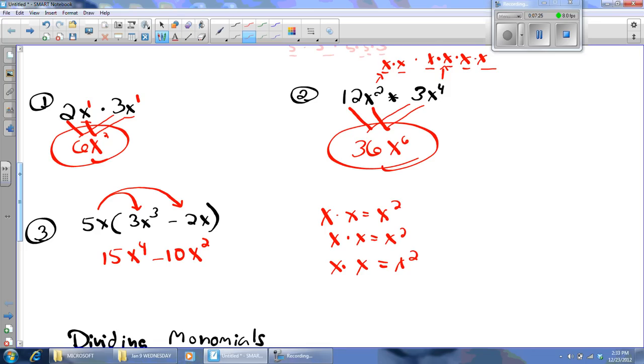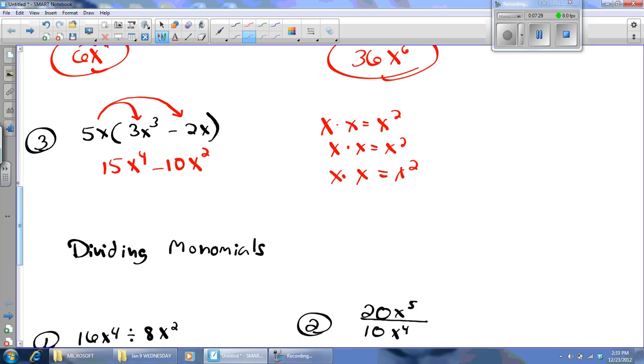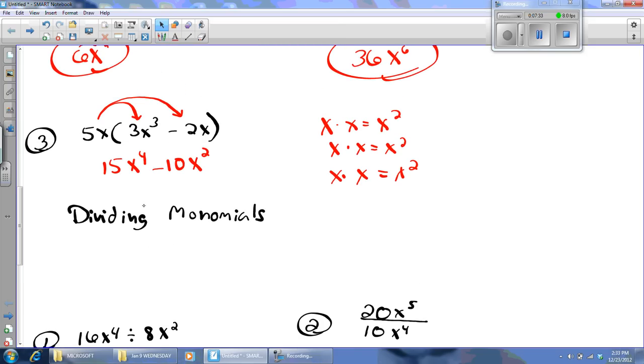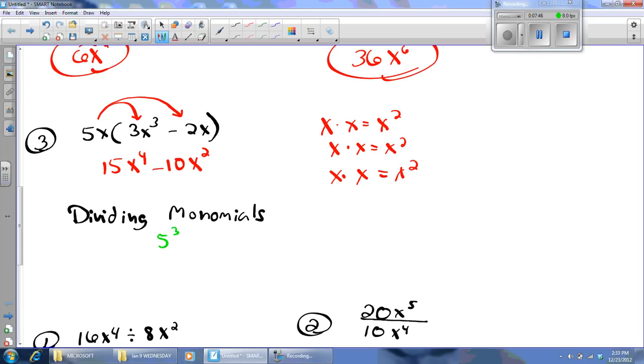All right. Now, if you know how to multiply monomials, dividing is pretty simple too. So let me do this here. Give myself a little more room. Let's suppose I had a problem like this: 5 to the third divided by 5 to the second.